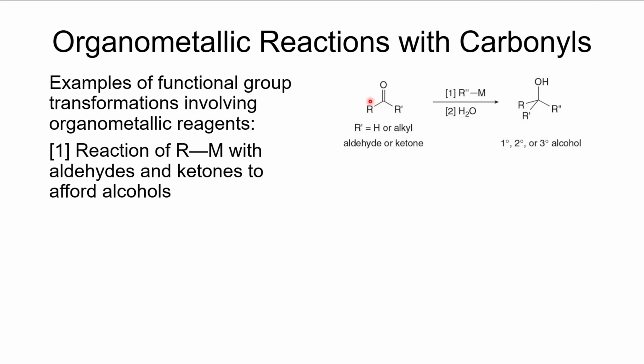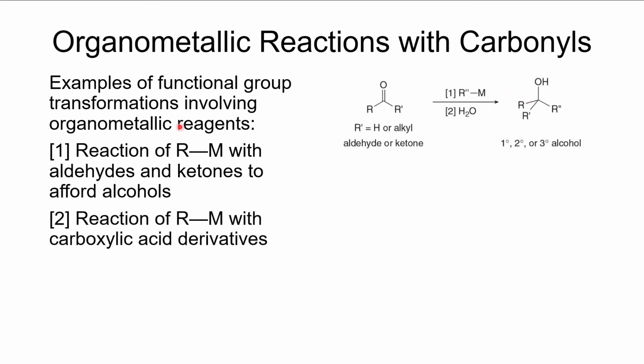In a little bit, I'm going to show you a slide where if we have formaldehyde here, we get a primary alcohol. If we have an aldehyde, we'll get a secondary alcohol. And if we use a ketone, we'll get a tertiary alcohol. I'll go over that again, but that is one kind of reaction that we're interested in.